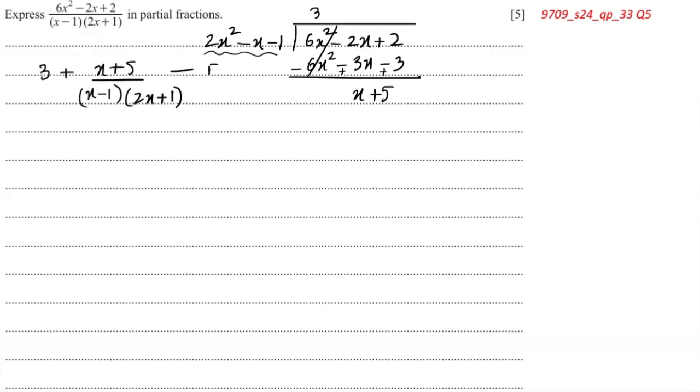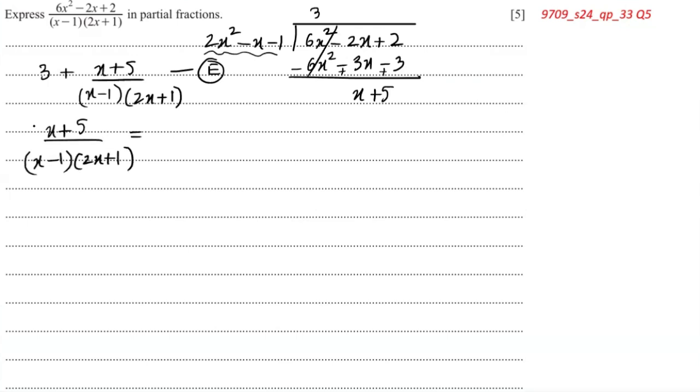Let's call this equation E. Okay. So any long division answer can be given as quotient plus remainder over divisor. Okay. So now from E, I pick this expression (x plus 5) over (x minus 1)(2x plus 1).